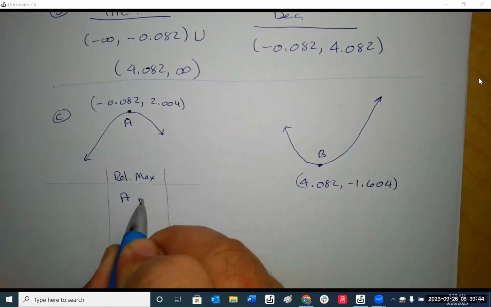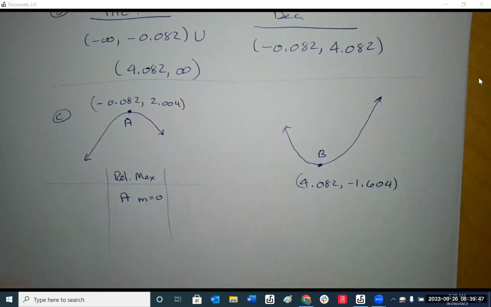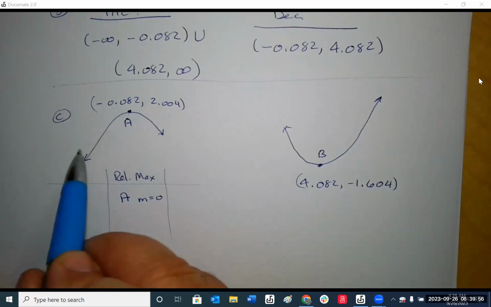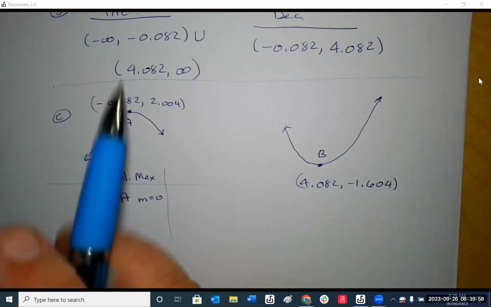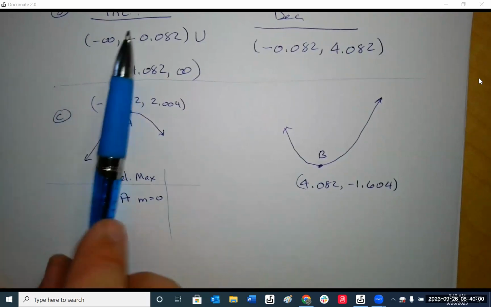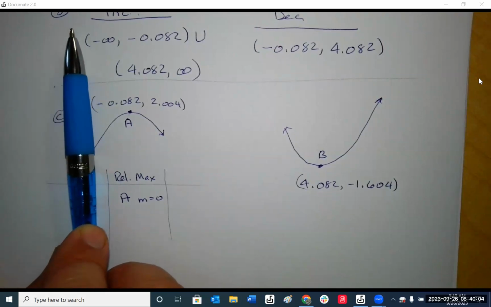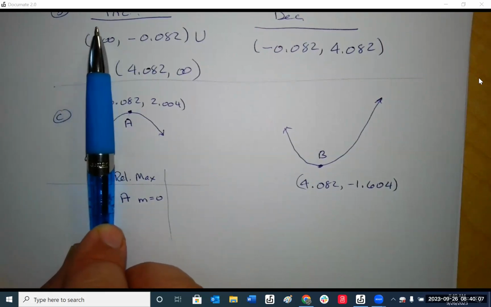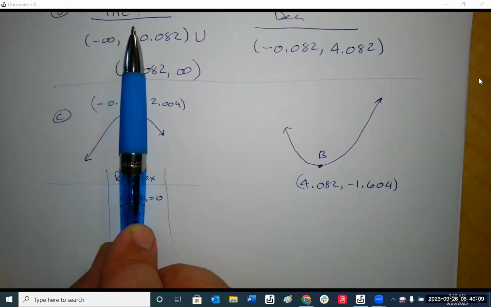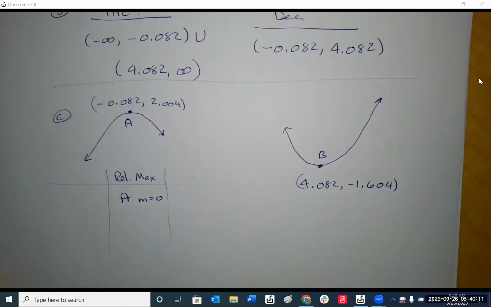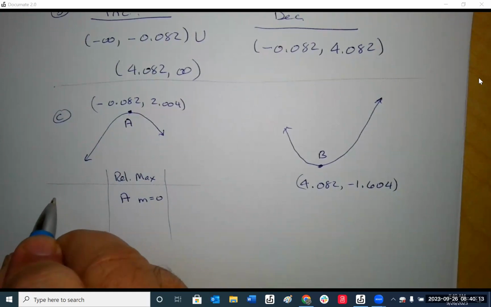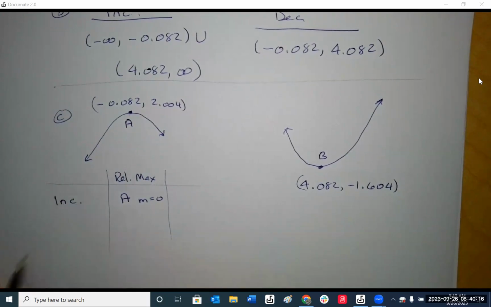Because the slope is equal to 0. What's happening to the left of A? The way you can tell if it's increasing, take your pen. X always gets bigger, so it always moves to the right. What's the graph doing as I'm going to the right? Is it going up or down? It's going up. So on the left-hand side, it's increasing.